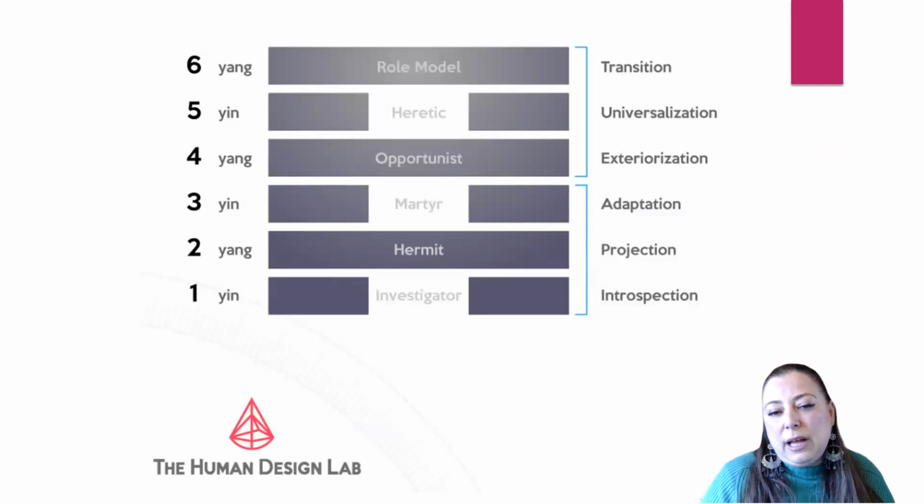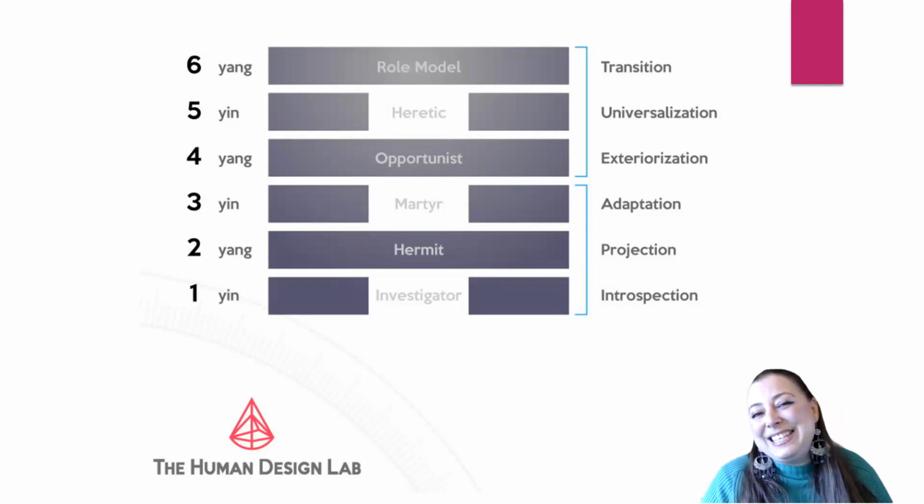We can also look at the lines as yin and yang. So the first line, the investigator, is also the introspection line. It's a yin line. In order to investigate and to be able to introspect, it's yin energy, you're open to be penetrated.